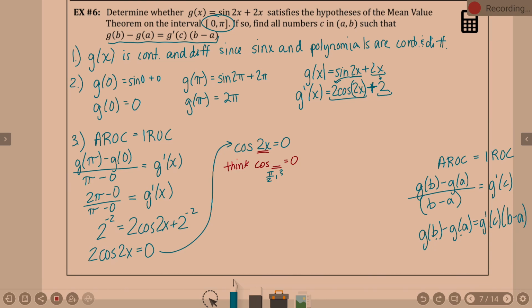Cosine equals 0 at pi over 2 and at 3 pi over 2. Valid? So then what we can do is we can set these pieces equal to each other. So we're looking at the fact that 2x equals pi over 2 and 2x equals 3 pi over 2.